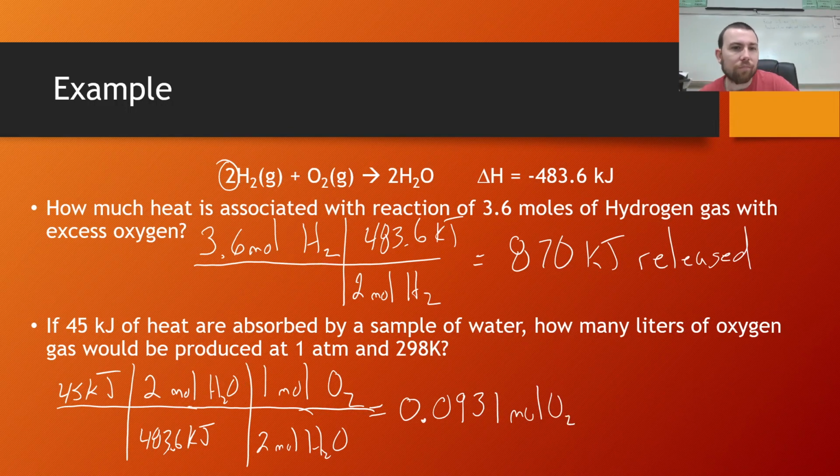Now again, they want liters of oxygen. I've gone ahead and set this up as if it's an ideal gas problem.